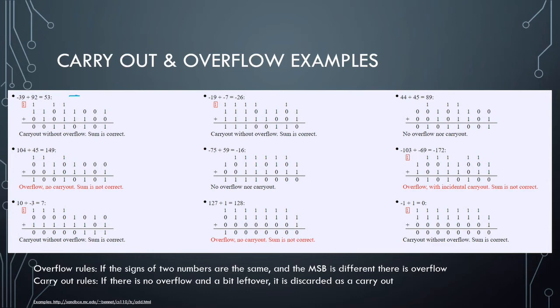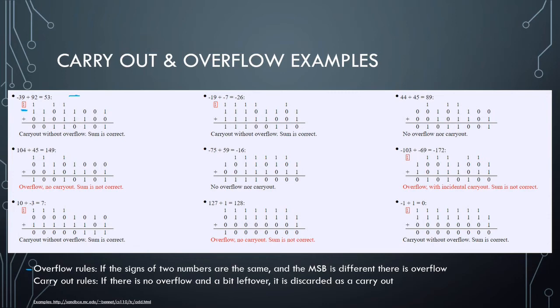So looking at our overflow rule down here, we can only have an overflow if the signs of the 2 numbers we're adding are the same and the most significant bit is different. So we're adding 2 different signed numbers, a negative and a positive, which means this extra 1 over here isn't an overflow, it's just a carryout. It's fine, we can get rid of it.